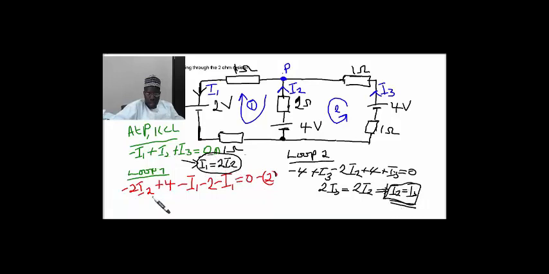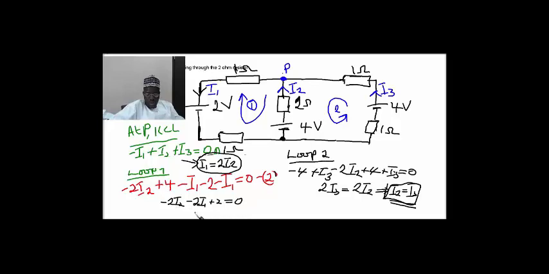We use it here. So let's see equation 2: minus 2I2, minus I1, minus I1, so this will give us minus 2I2 minus 2I1, and 4 minus 2 is going to be plus 2, and this is equal to 0.